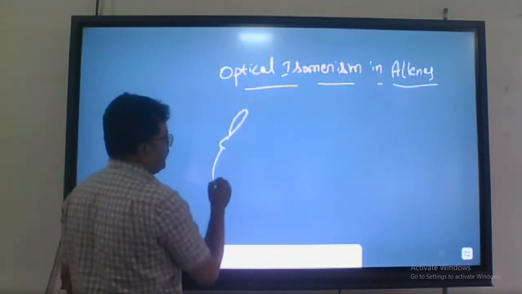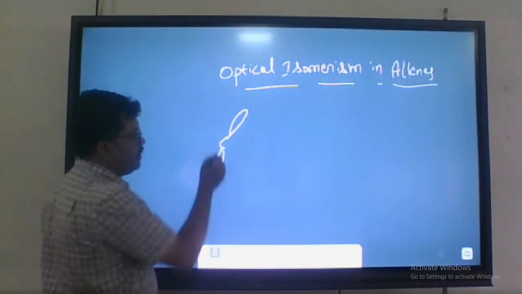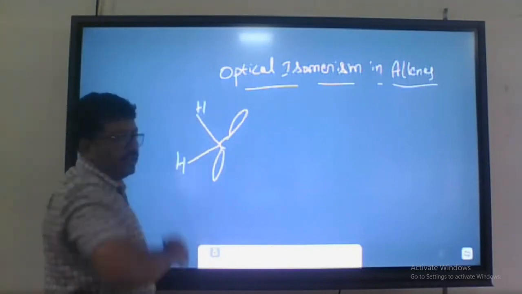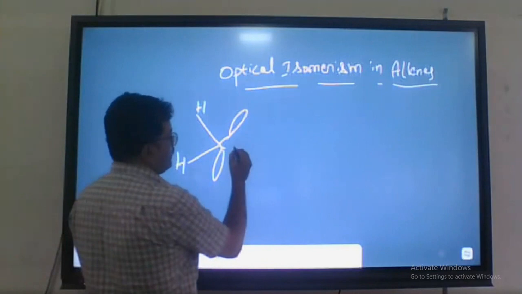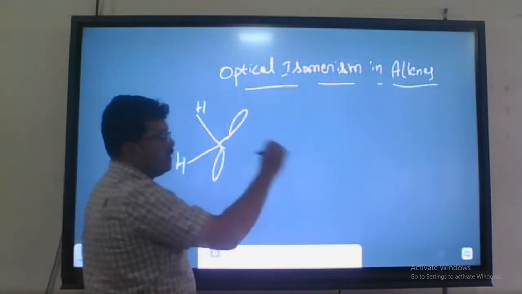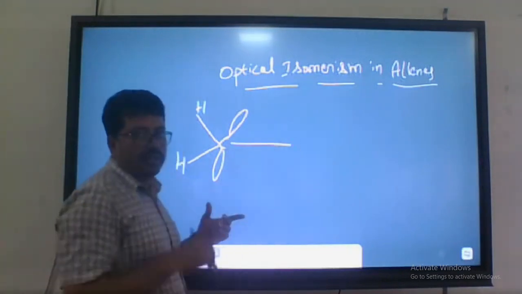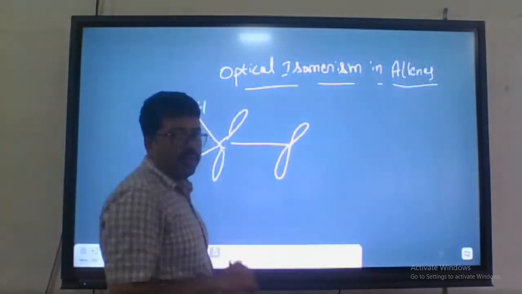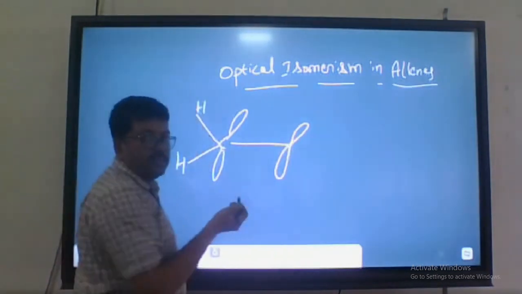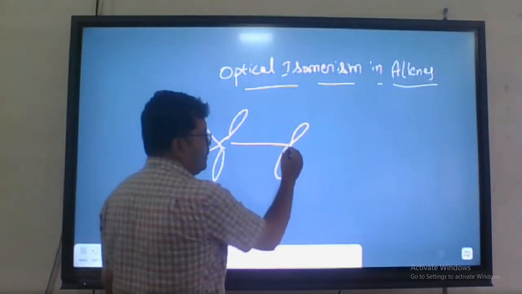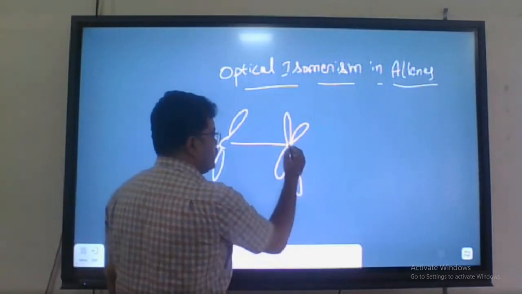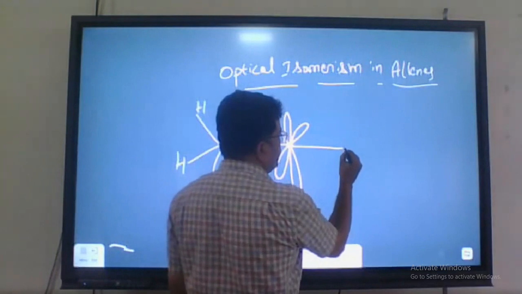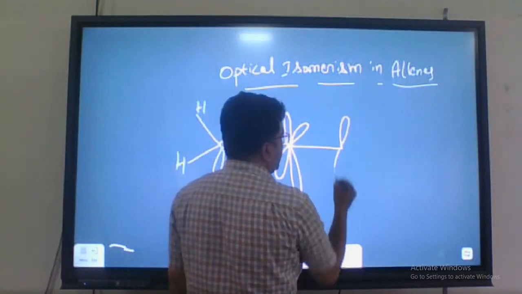See the bonding here. If it is the first carbon, this has one empty p orbital, and this is H and this is H, a carbon allene. Next there is one sigma bond, and again the central carbon, and this last carbon.